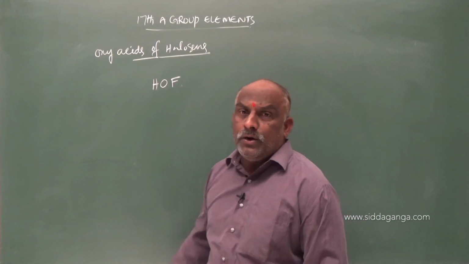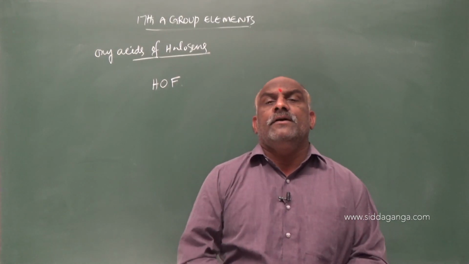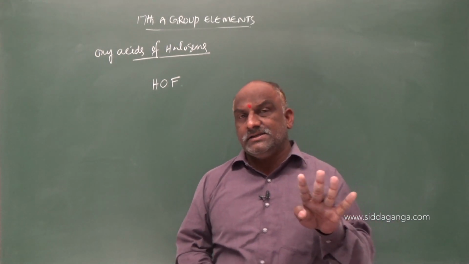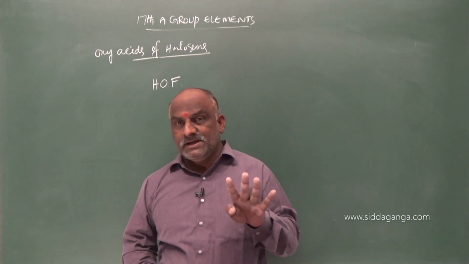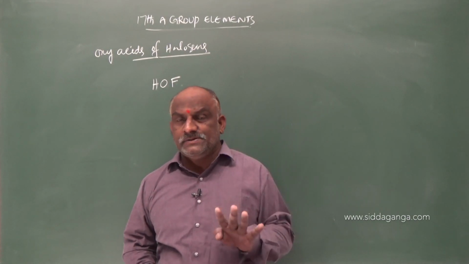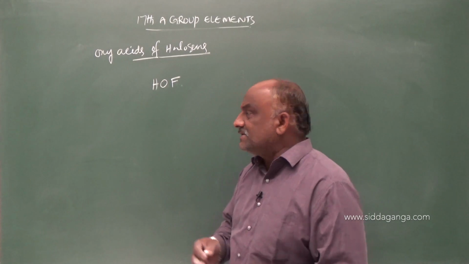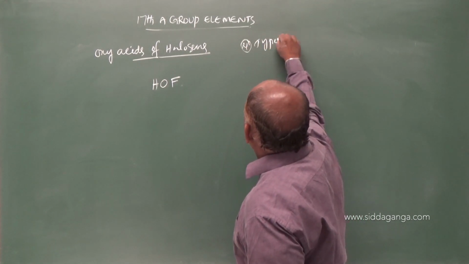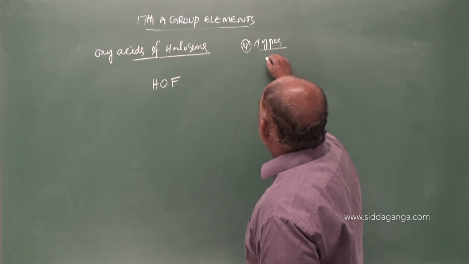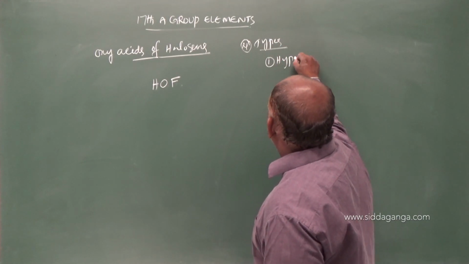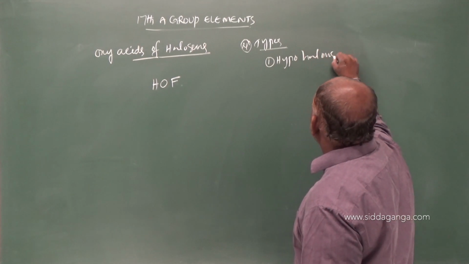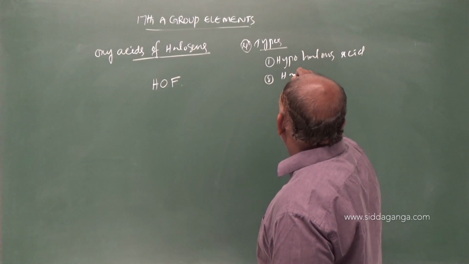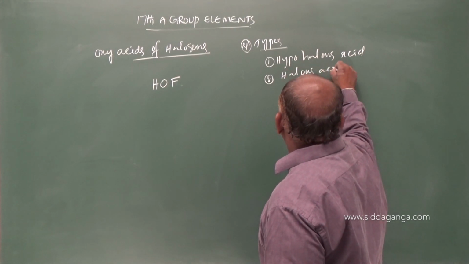While going to chlorine, it is ready to form 4 types of oxyacids. What are the 4 types? Type 1, hypohalous acid. Type 2, halous acid.